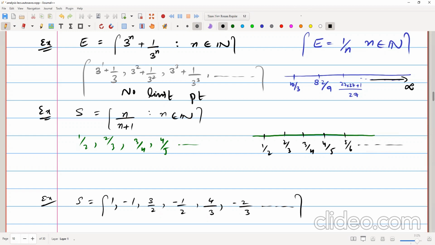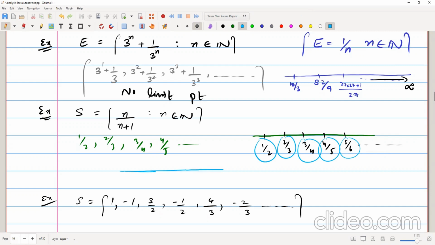And what happens if this tends to infinity? We can see this is increasing, but each element is lesser than 1. But at some point, the distances between these elements are going to be very, very small, and they are going to be very, very near to 1.